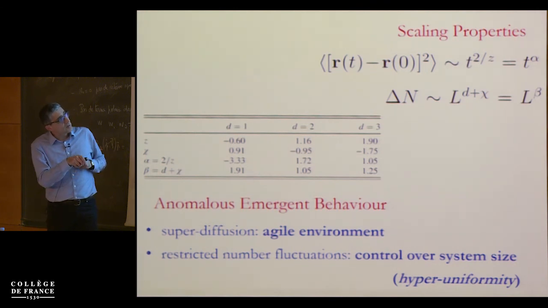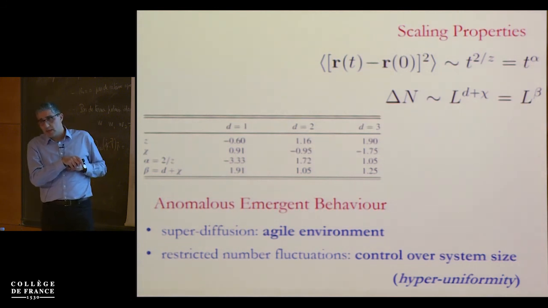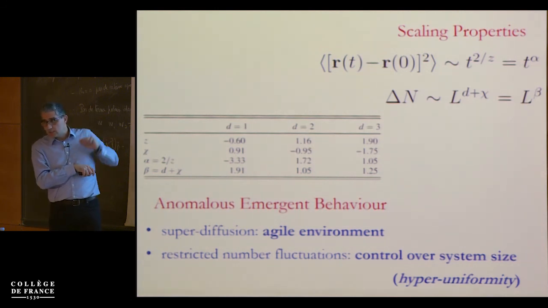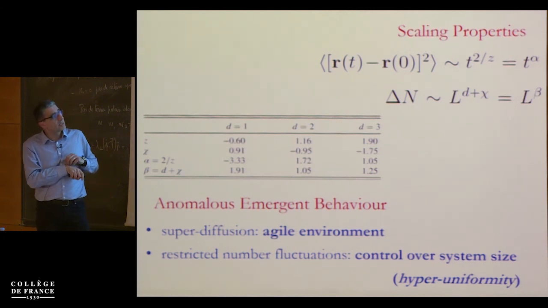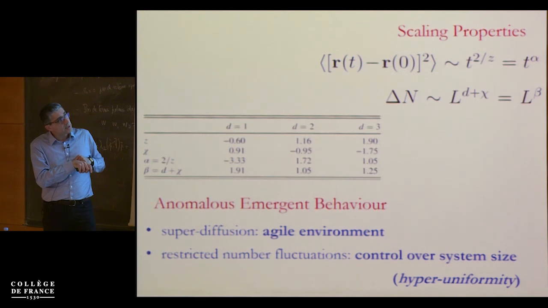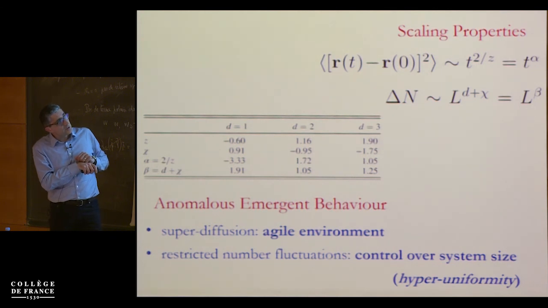You can also measure this exponent beta, which gives you the rate of number fluctuations. And I don't have a slide in terms of delta n as a function of n, but I have it as a function of L. And you, having seen this calculation with Jean-François, you can clearly tell that this beta, when you divide it by d, essentially it gives you that giant number fluctuation or number fluctuation exponent. And it turns out that what you get is lower than 1/2. So the system is hyper-uniform.